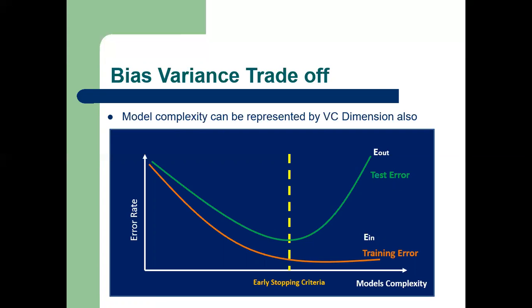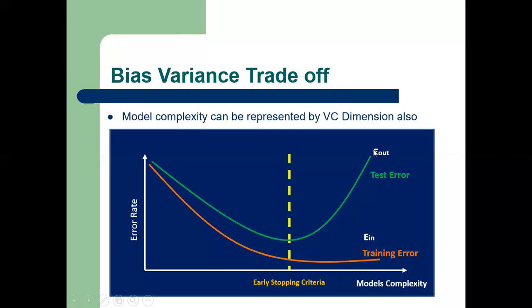In such a case, the learning model is said to have both low bias and low variance. After the early stopping criteria, which is denoted here in this figure with the yellow dotted line, if the model's complexity is increased, then there is a small decrease in train error, that is E in, which results in a huge increase in test error.